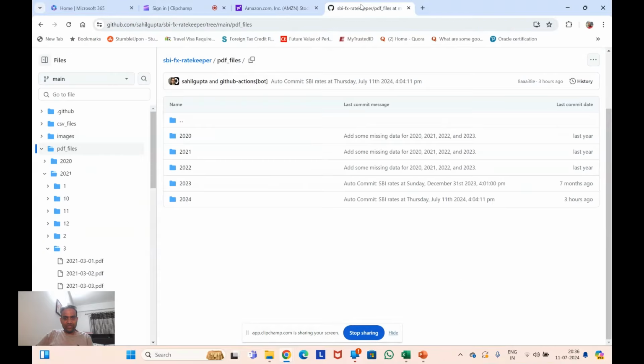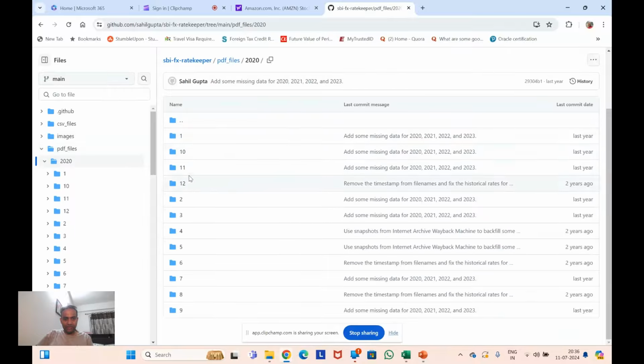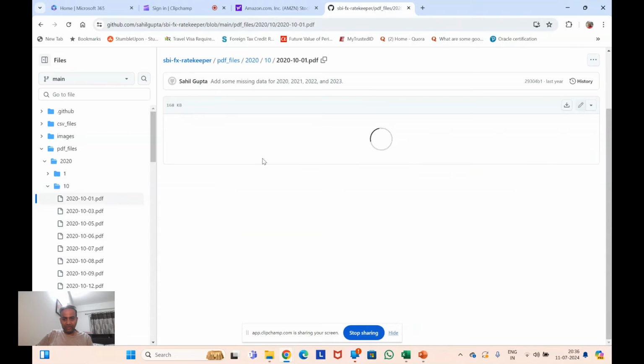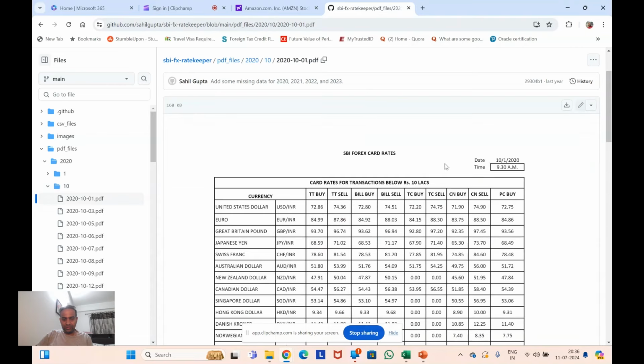And then for the SBI exchange rates, it's not easily available, but I found a folder on GitHub where someone has created year-wise folders and uploaded the PDFs for each month. Within a month you'll get the PDF for each date, and you can open that PDF, and what you need to do is use this USD to INR TT buying rate, right?